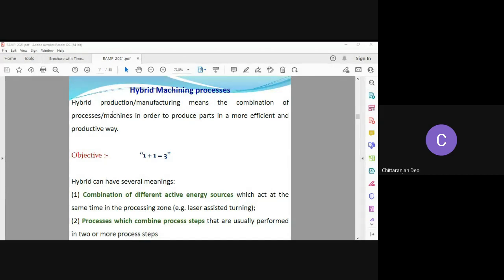Hybrid machining integrates different processes within one machine platform.